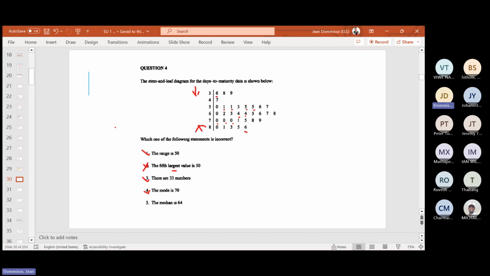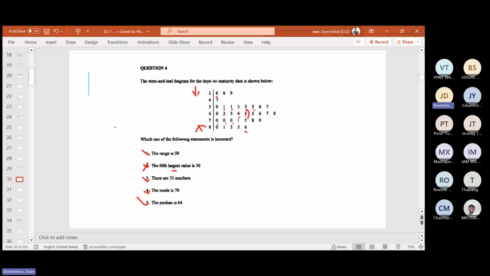Then the median, 64. So we know there's 33 numbers. So around number 17, we will have a median. So let's see, 1, 2, 3, 4, 5, 6, 7, 13, 14, 15, 16, 17. So you can see where it is 64. So the median is 64.